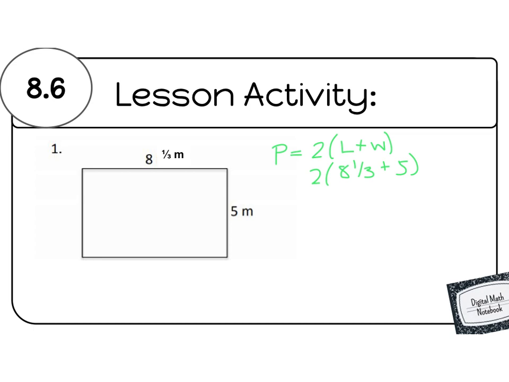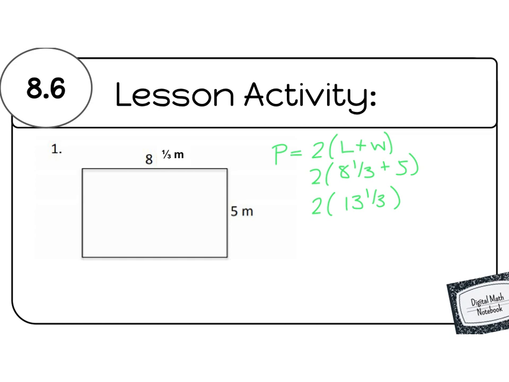So 8 plus 5 equals 13. And then we'll add the 1/3 on the end. So we have 2 times 13 and 1/3.